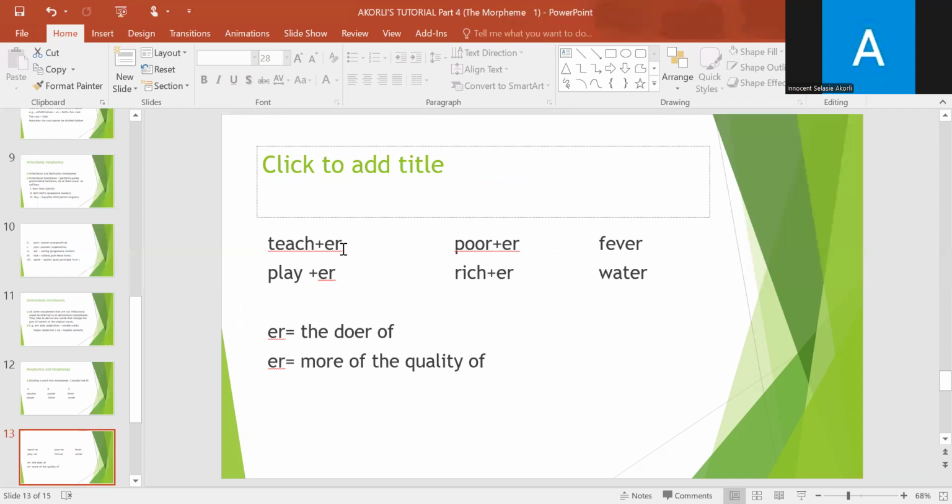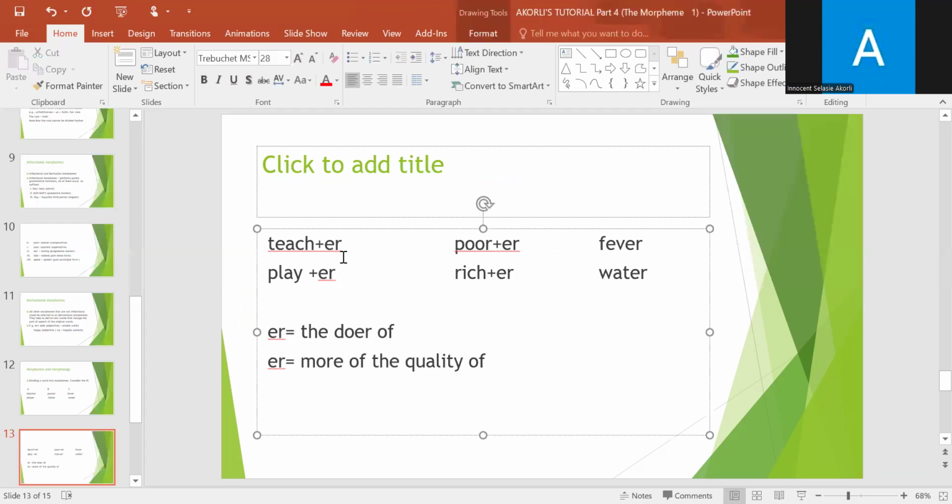Now, the er in this context, in the category A words, denotes the doer of an action, so that the doer of teaching is a teacher. The doer of playing, or the person who plays, is a player. If you come to the second category, poor plus er, rich plus er, here the er doesn't mean the same thing as you saw in the case of category A words.